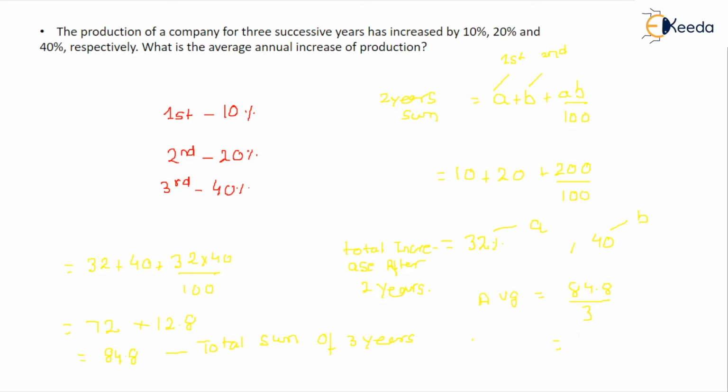So the average annual increase comes out to be 28.26%. So this will be your answer to this question. This is how you need to solve this type of question.